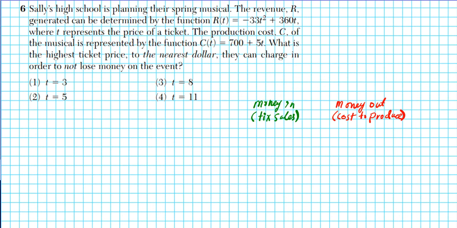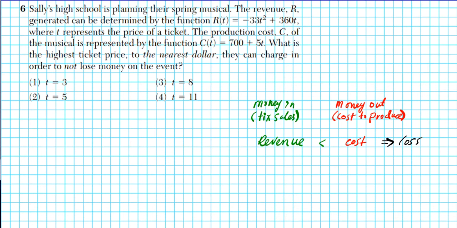So let's take a look at the following scenarios. If the revenue is less than the cost, what happens? The money that they charge from selling tickets, if it's not sufficient, if it's less than the money they spent making the show, then in this case they suffer a loss. Alright?